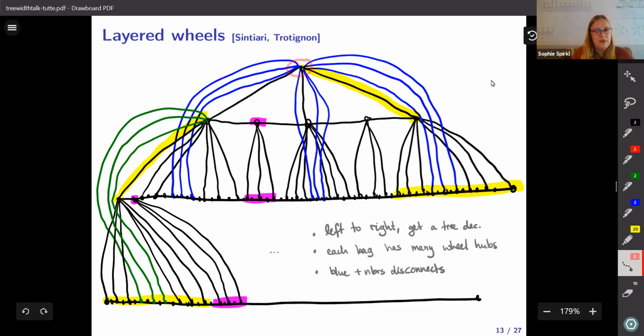If you look at blue and picture deleting blue and its neighbors, then this part of the graph would be kind of stuck. Right? This is actually a neighbor of blue, so this part of the graph couldn't get out. So while blue has a lot of neighbors, those neighbors allow us to decompose the graph into lots of parts.